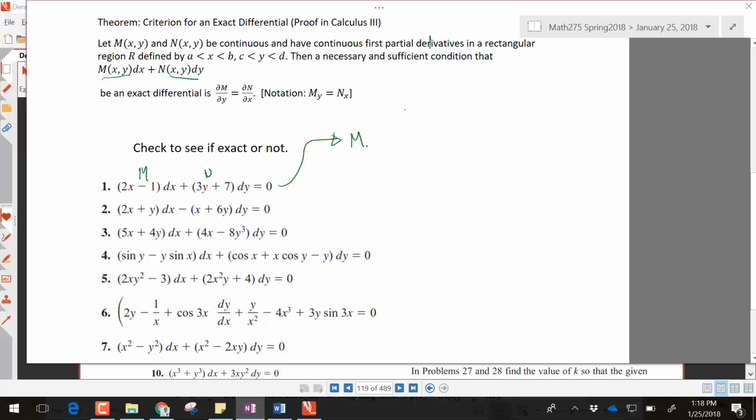We want the M with respect to y, and that's 0. And then we want the N with respect to x, and there's no x here, so the derivative of that is 0 also. So we can say that this is an exact differential equation.